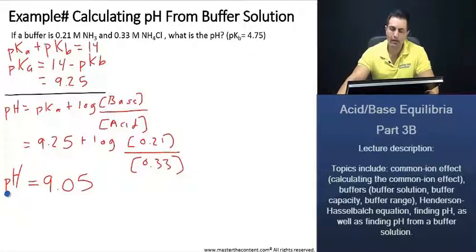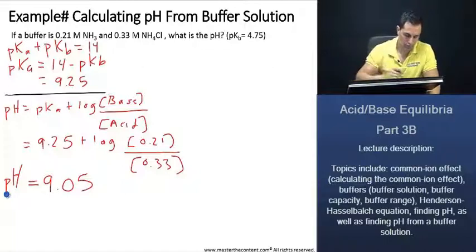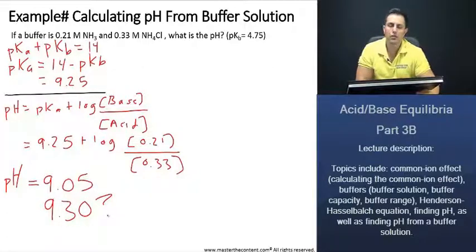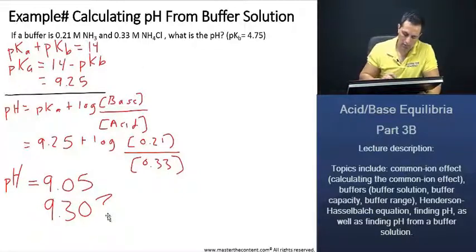Okay, great. Now, what if we wanted a pH solution of, let's say, 9.3? What would be the mole ratio here for our ammonia and our ammonium then, right? Well, let me show you how to calculate that.